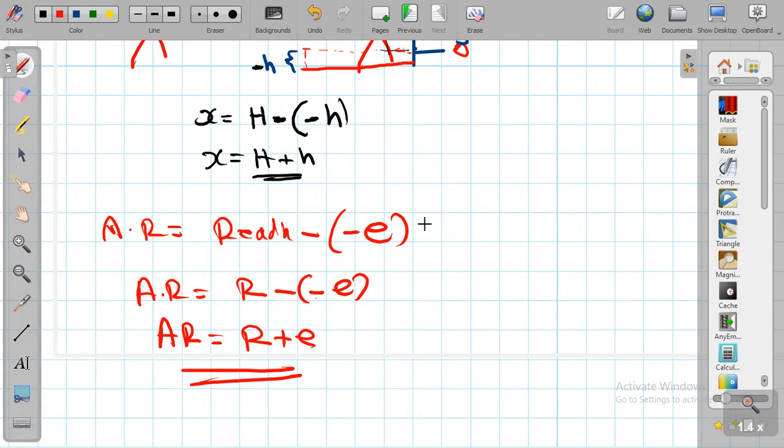Everyone, can you understand this algebraic operation? I used a whole lot of algebra here. Am I good?